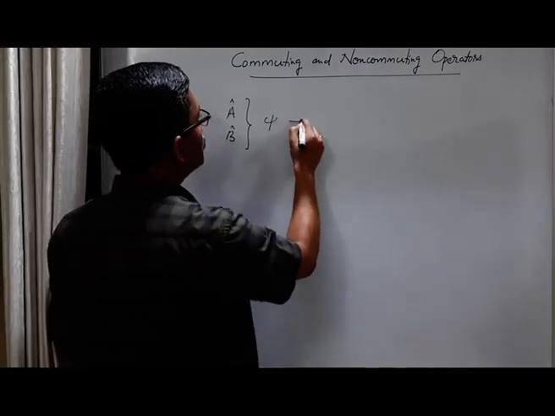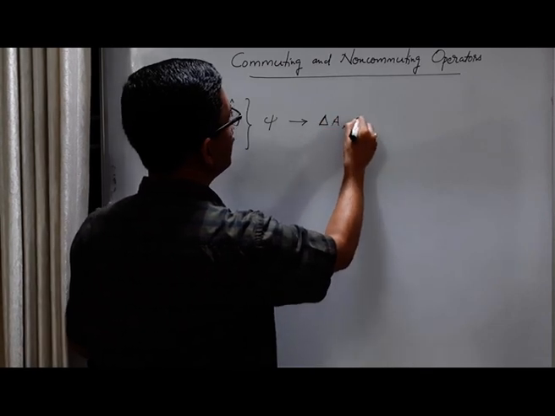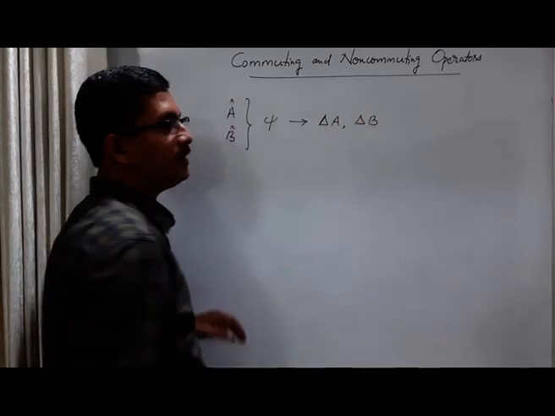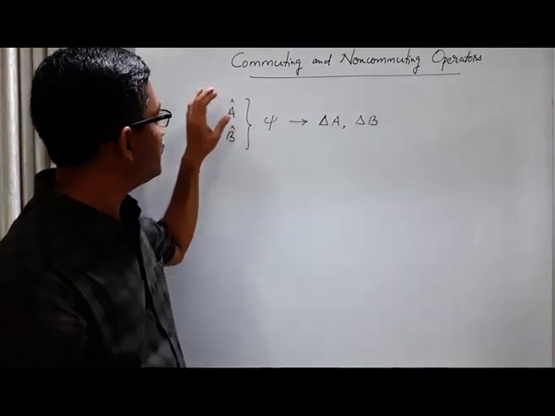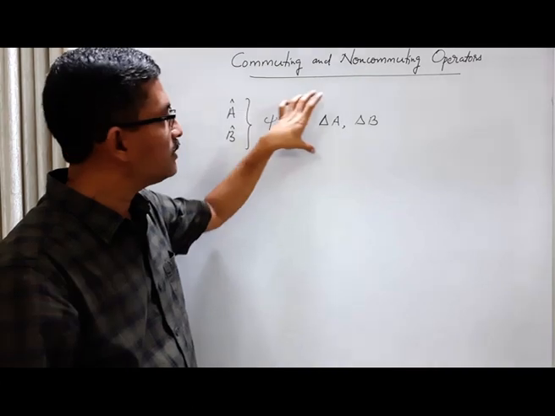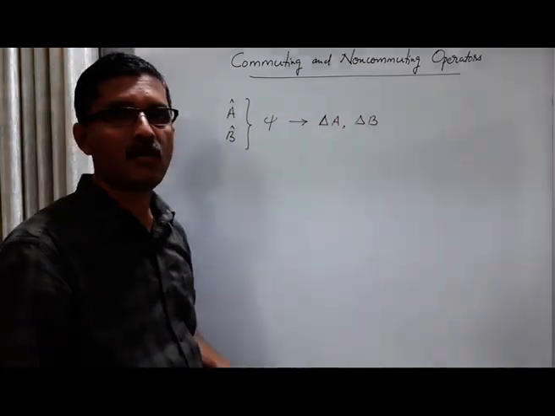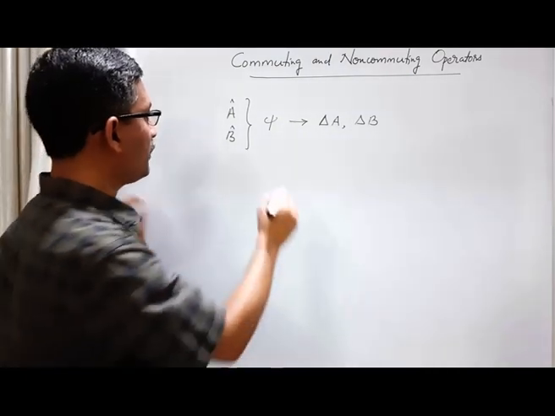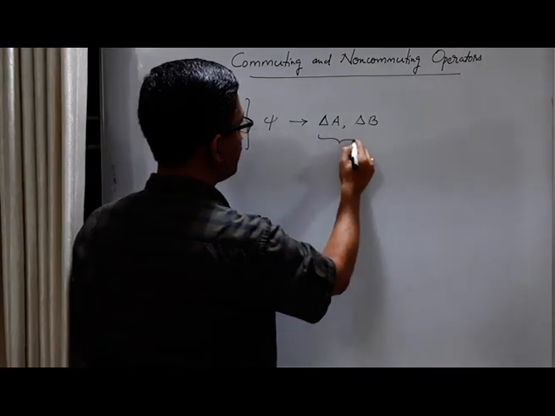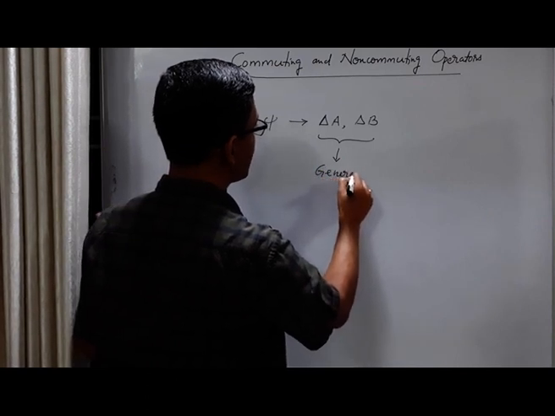So we get delta A, the dispersion or uncertainty in A, and the uncertainty in B. Since both delta A and delta B are measured in the same state, there is a correlation between delta A and delta B, and this correlation is called the uncertainty relationship. So they satisfy a general uncertainty relationship.